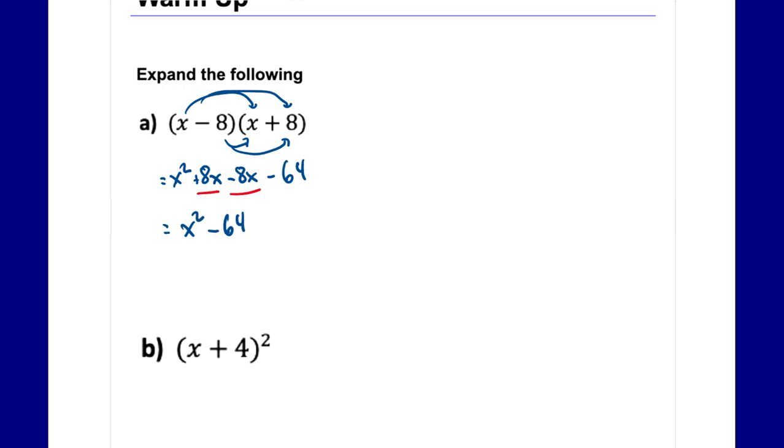Right. So what do we notice about this final product and then the factored form that we started with? Well, we have our x squared, and that's first. We have 8 and 8. Well, 8 squared is 64. And then we just have two terms because that middle term is gone. So we should start to see some sort of characteristic. You had a few more warm-up questions on a previous page.